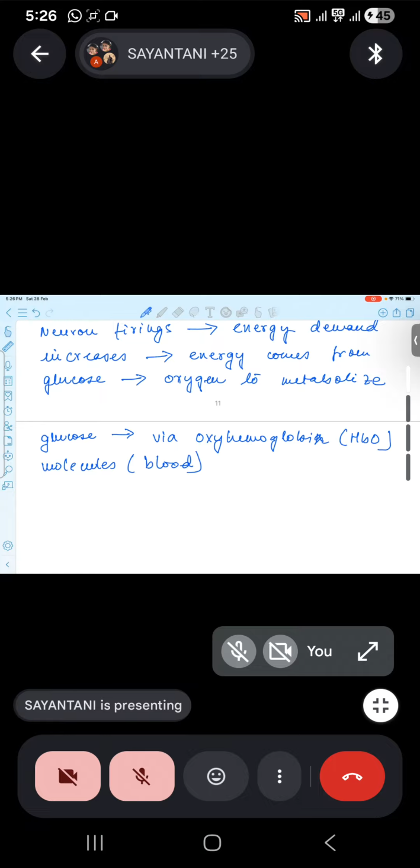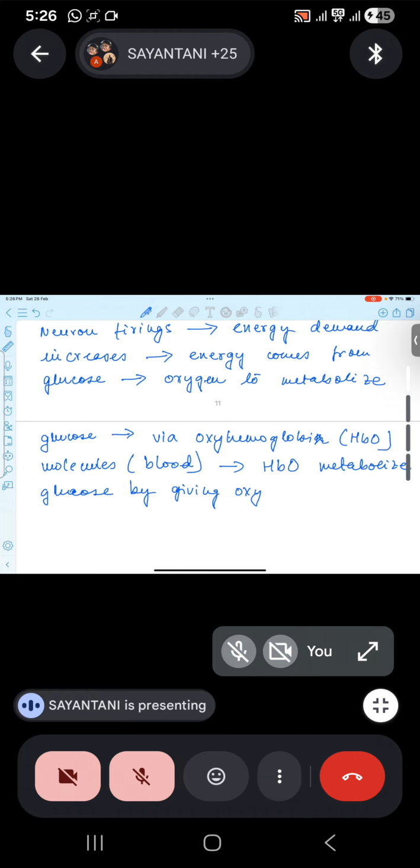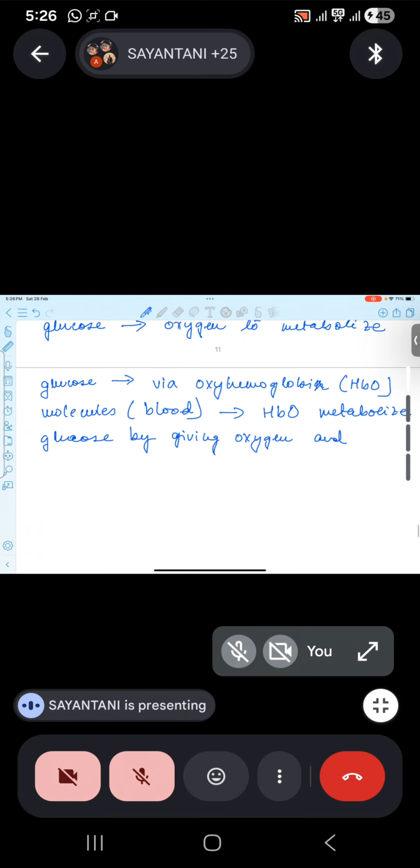Okay. So these HBO molecules metabolize glucose by giving out the oxygen component.